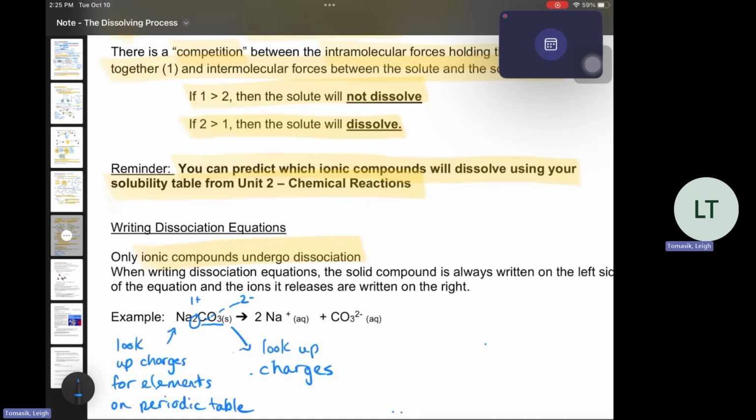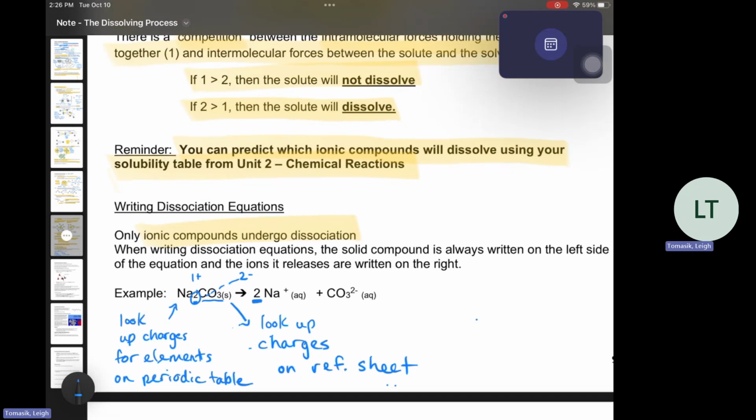So the charges part is easy. But you'll notice there are 2 sodium ions, and that's because sodium has the subscript 2. Whatever the subscript is, it becomes a coefficient when they break up into ions. There will be some practice, so you can practice coming up with this tonight.